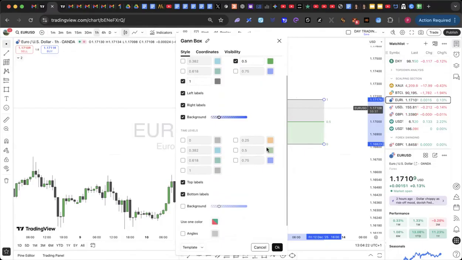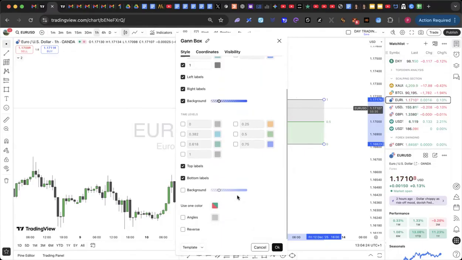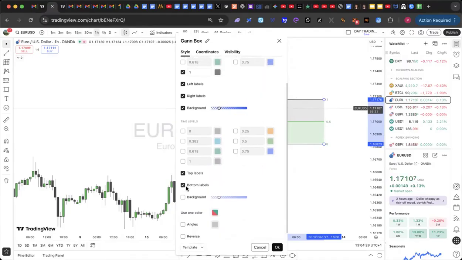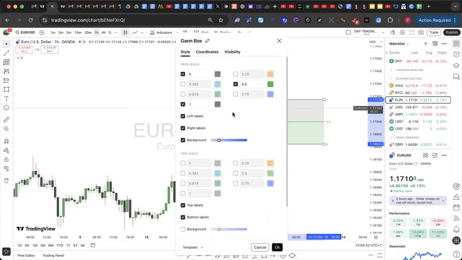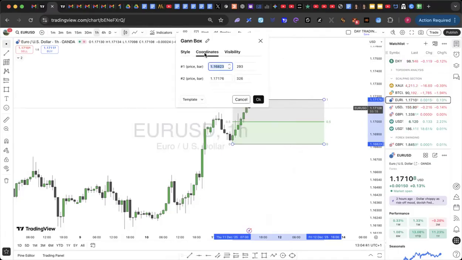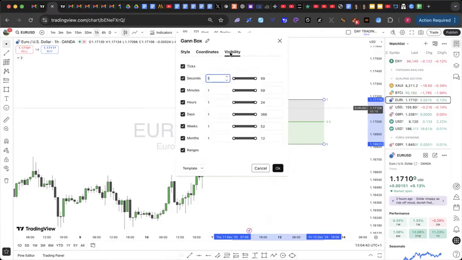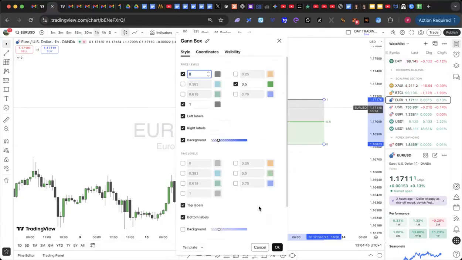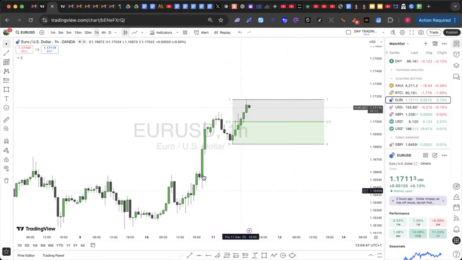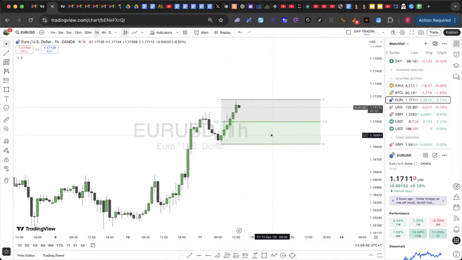I want to change this one to red. So you see now? That means I'm expecting the market to return back below this.